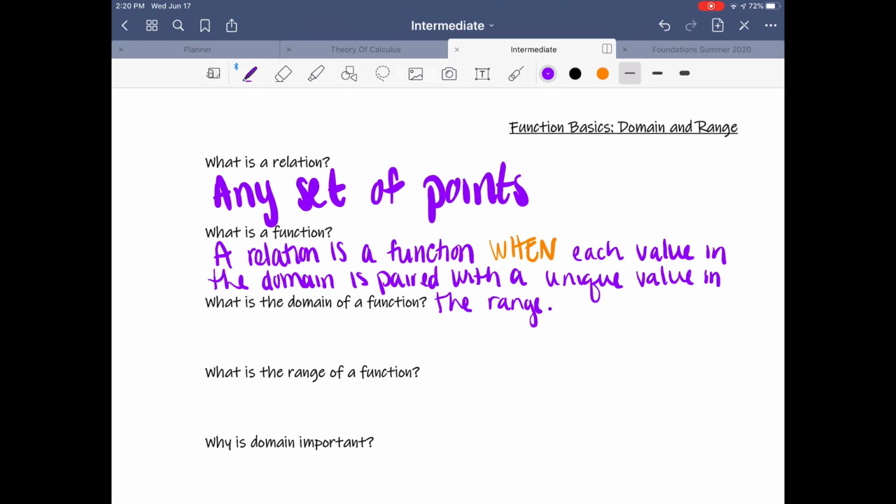So that's kind of weird wording. Let me reword that in something that you might understand a little bit better.